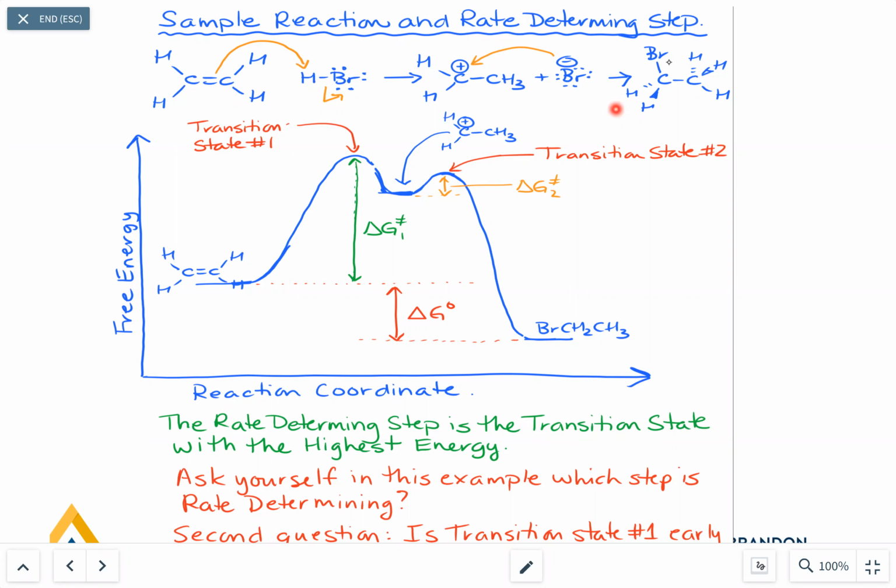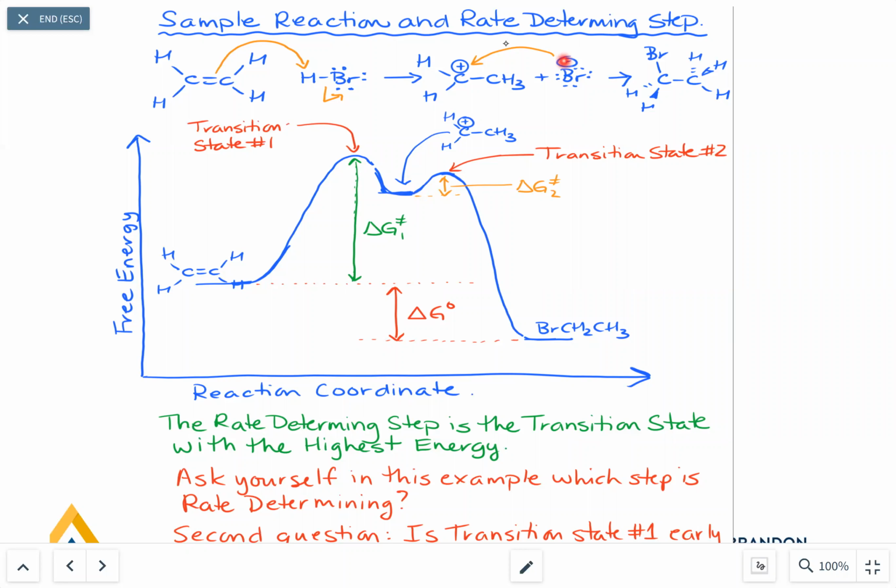So in our energy diagram here, this carbocation will be an intermediate. Just as we did last time, because this is missing some electrons, this will be higher in energy than our starting material. So it's going to have to go over some transition state to get to this intermediate.